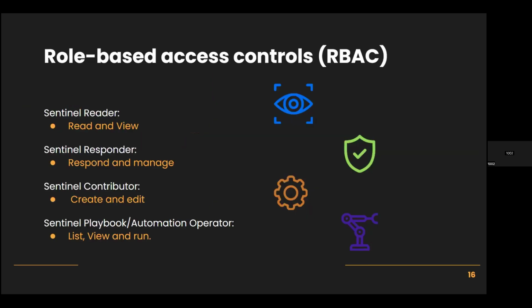So lastly, I'll talk about the role-based access controls, or RBAC. The way this is set up is there are four main roles, and these include the reader role, responder role, contributor role, and the playbook slash automation operator role. Basically, this is a way to assign various levels of privileges to users in an organization.